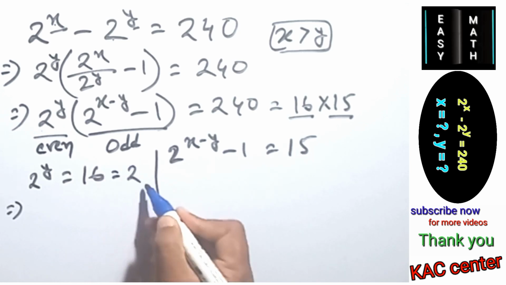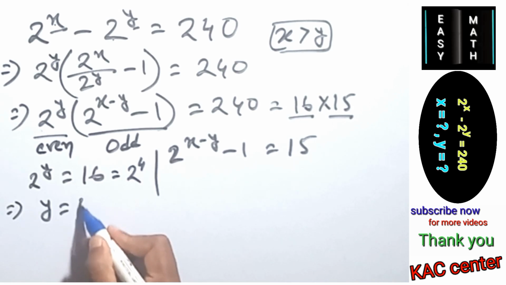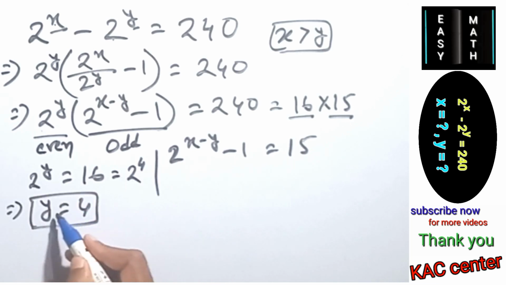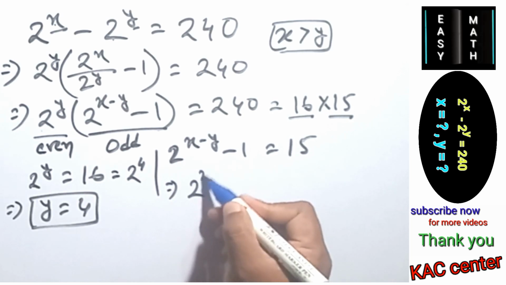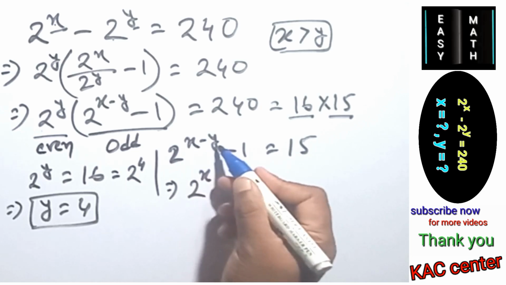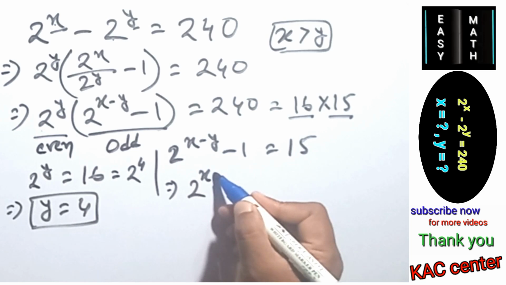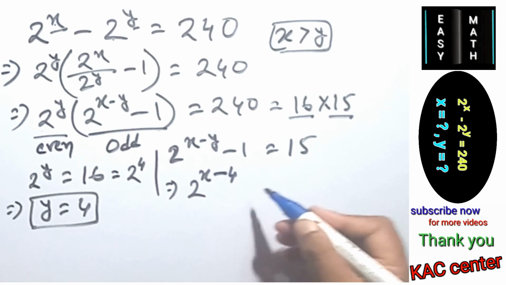This is 2 to the power 4, so we can write y is equal to 4. Now put there the x, and y is 4.